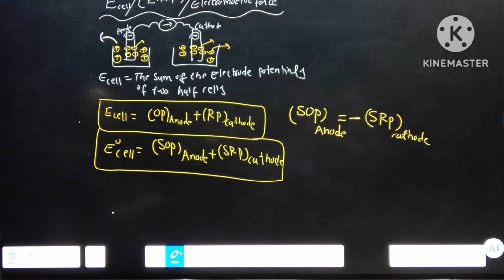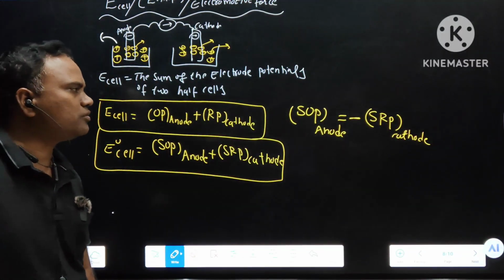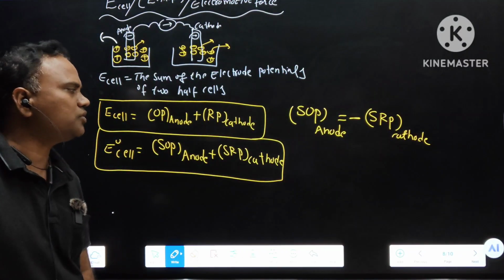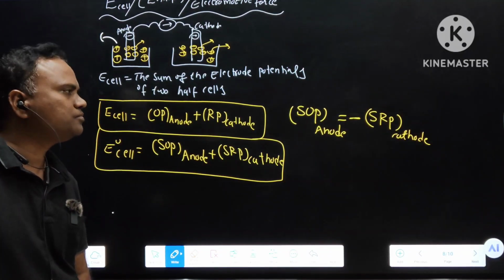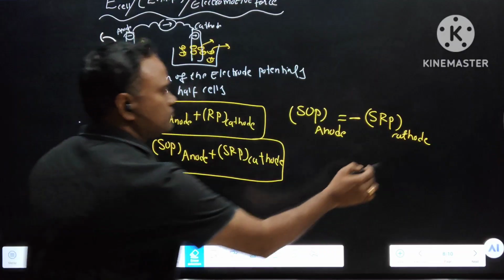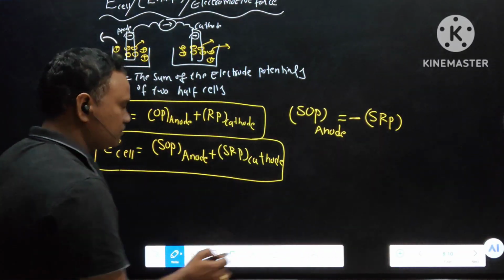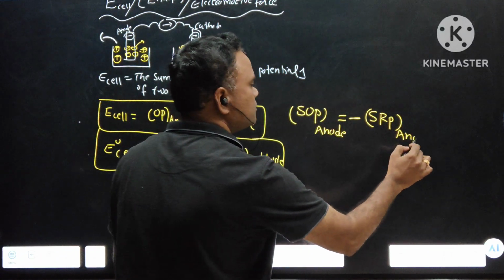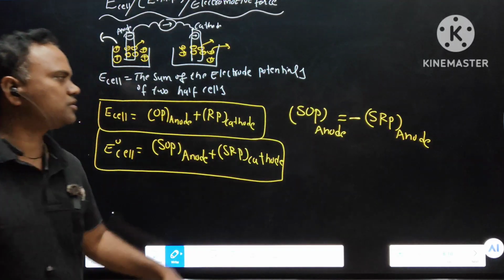Opposite terms. SOP of the anode is equal to minus SRP of the anode. This won't change; at the anode only we have to discuss.